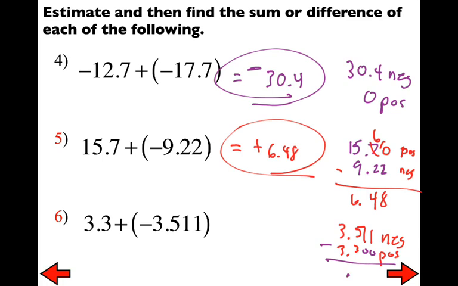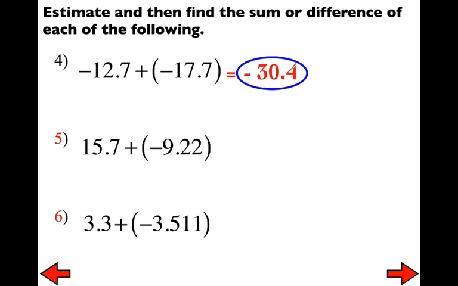And anytime you're trying to figure out how many more you have of one thing than another, that's typically subtraction, how we figure that out. And so it looks like we have 0.211 more negatives than positives. If you need to pause this to write stuff down, go ahead and do that, but I'm going to go ahead and go on from there.